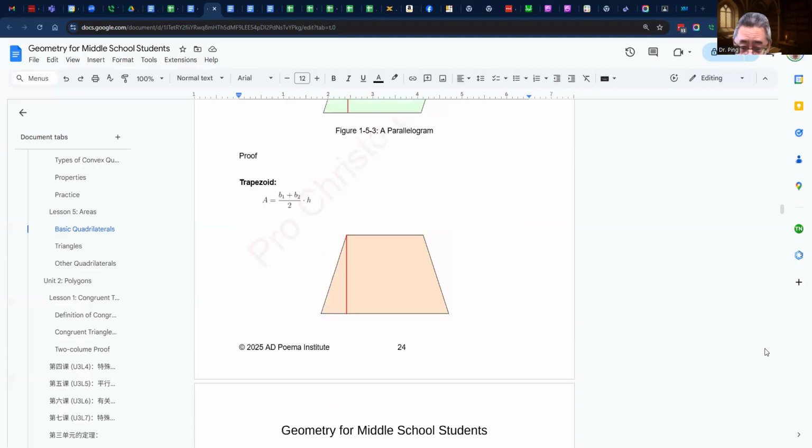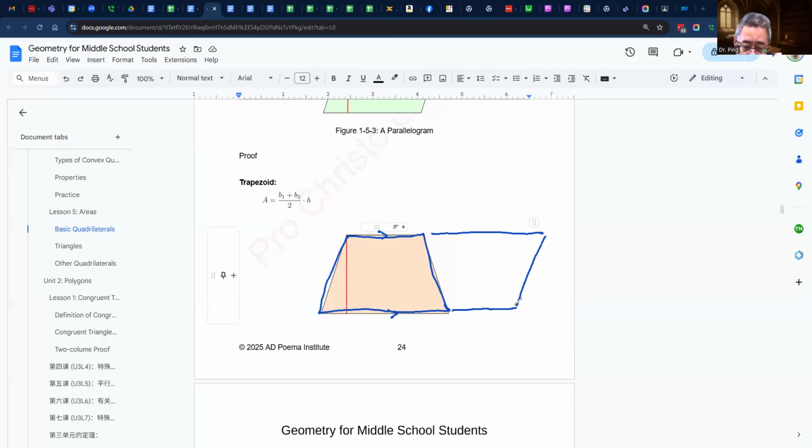And then we got on to trapezoid. For a trapezoid, we know there are two parallel lines. So instead of just simply cutting it and putting it over, because it may not work, we're going to copy the whole thing and put that upside down on this side.